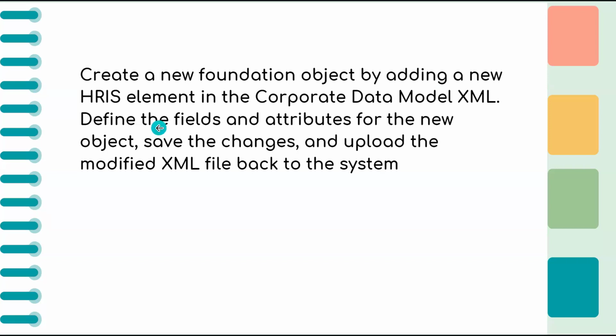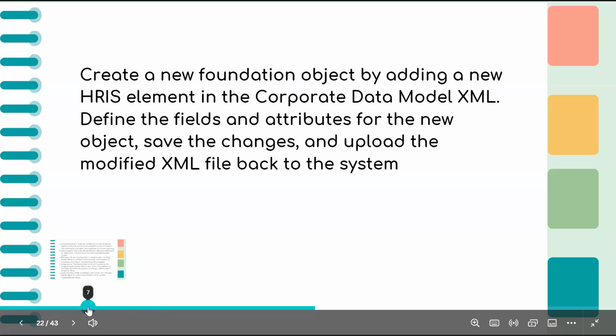So this complements your answer. You add a new HRIS element in the corporate data model, update the respective fields and attributes in the XML back to the system, then maintain your associations, parent-child relations. That is the perfect answer.